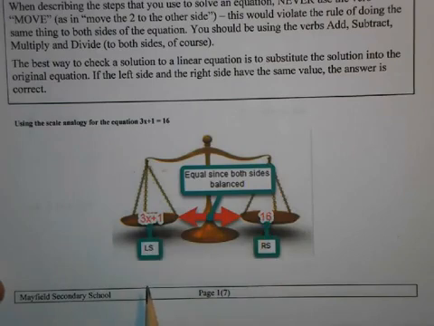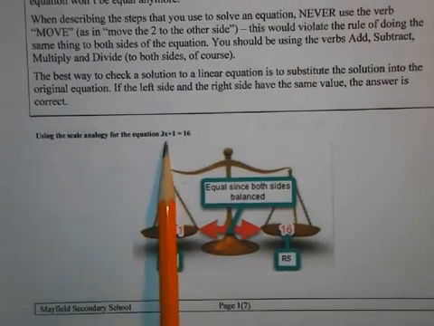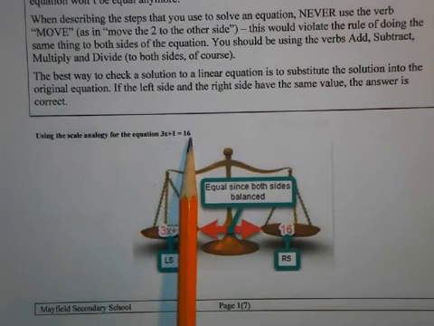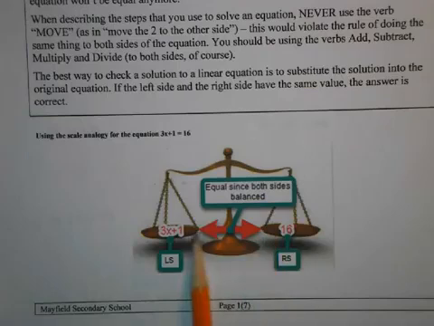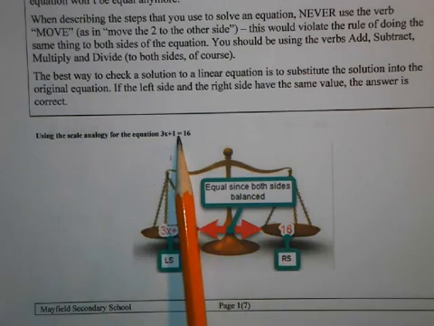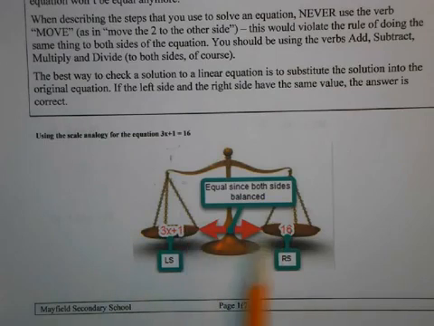For example, if we had the equation 3x plus 1 equals 16, I could bring this equation down to the scale. The left side of the equation I put into the left tray, and the right side of the equation, 16, I put into the right tray. The fact that it says equals means that right now these two trays are balanced, which means they have the same value or the same weight in terms of what scales are used for.